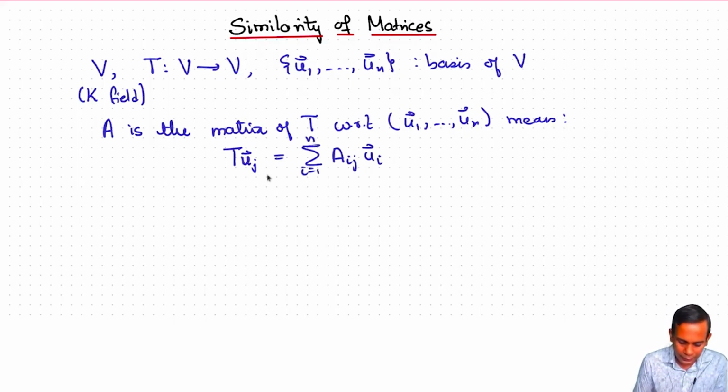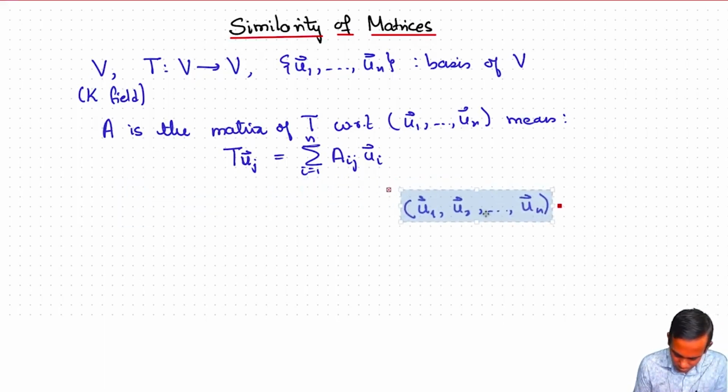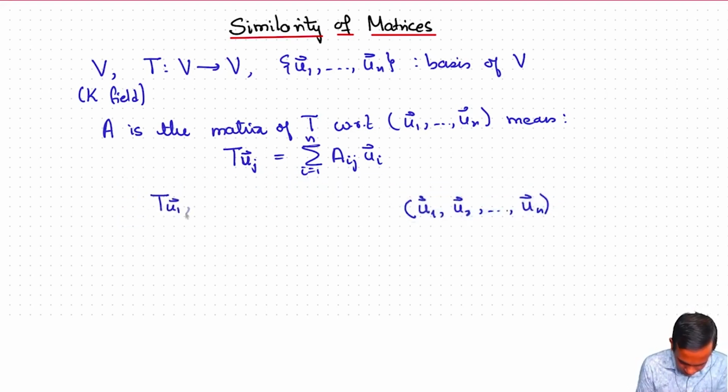With this identity we can also write it in a slightly more slick form. Let's form a vector whose coordinates are themselves vectors: a row vector whose coordinates are the basis vectors u1, u2, ..., un. And then we can form the other row vector, its image under T: Tu1, Tu2, ..., Tun.